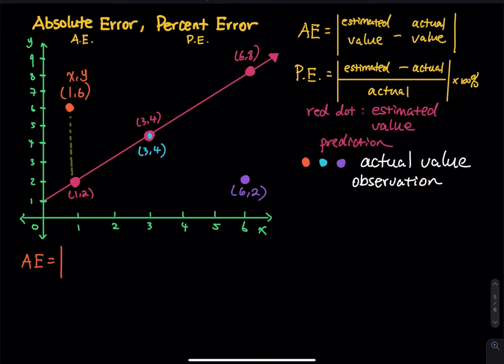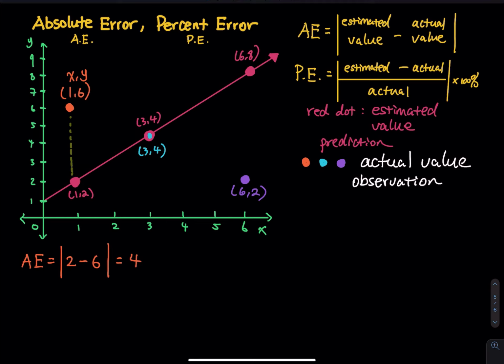Estimation is my red number, right? Which is 2. And then the actual value is 6. So we have 2 minus 6. That is equal to -4. So once you take the absolute value of -4, that is equal to 4. What does that mean? That means there is a 4-unit distance between the orange dot and the red dot.